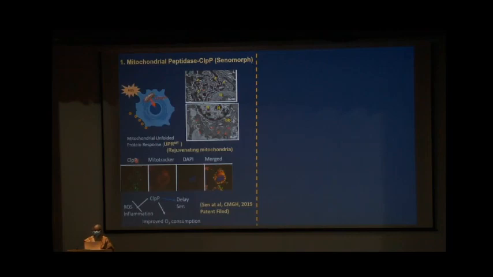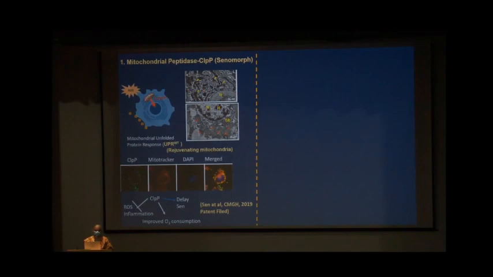Since in our readout, both in the explant tissues as well as in the in vitro system, we found that this protein was getting subdued in senescence, we cloned this gene, introduced it into the cells and asked, can we revert or can we delay the senescence? And indeed we found that when we overexpress this ClpP, a mitochondrial protein, you can see all these yellow dots showing that it is localized.